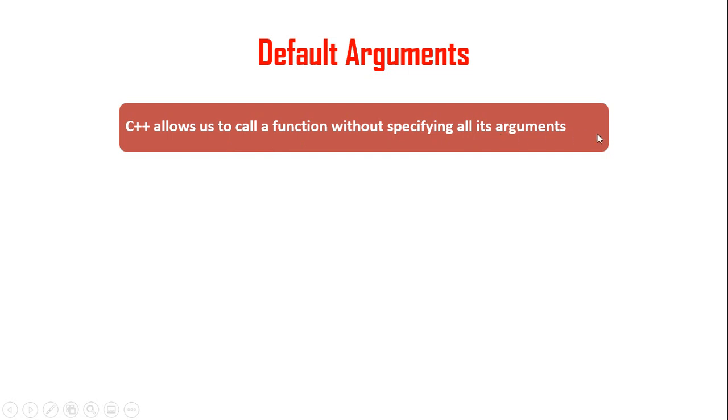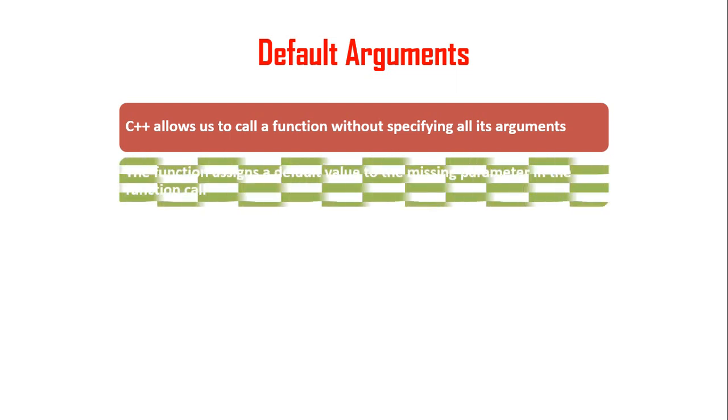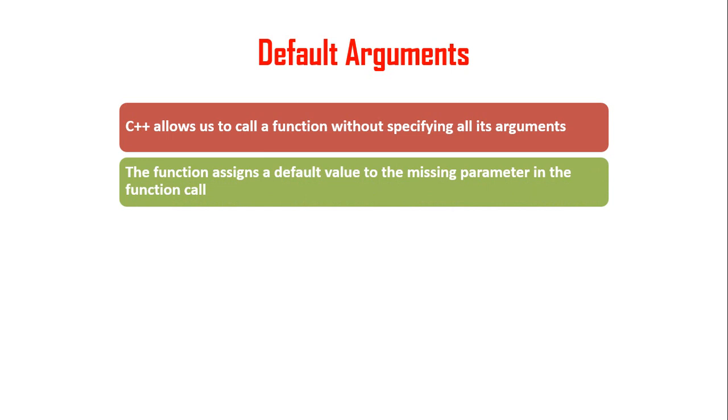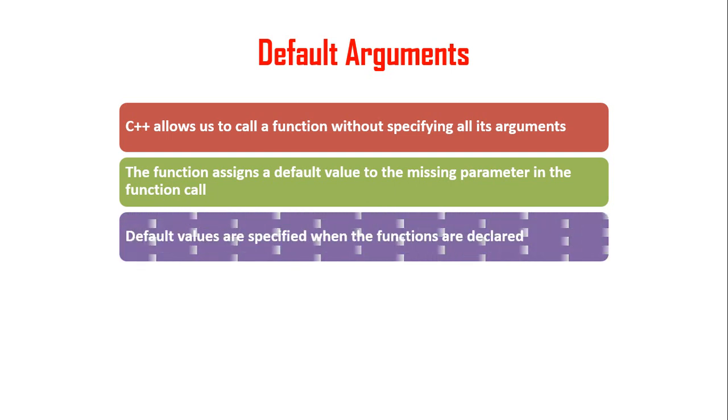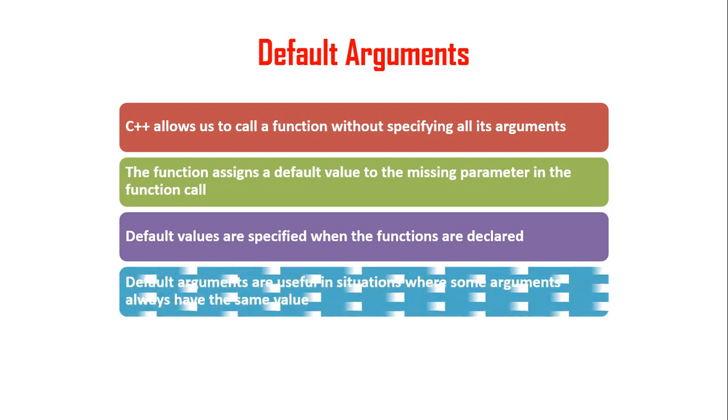For example, if the function is going to use 3 arguments, we can send values into the function without passing all the arguments, having one of the arguments as a default argument. The function assigns a default value to the missing parameter in the function call, and default values are specified when the functions are declared.